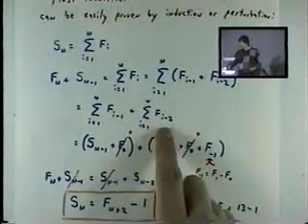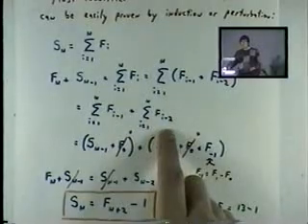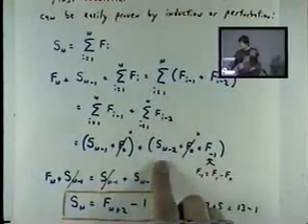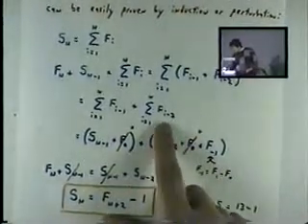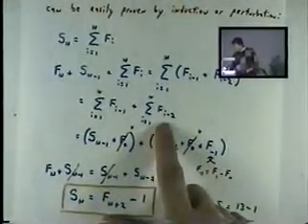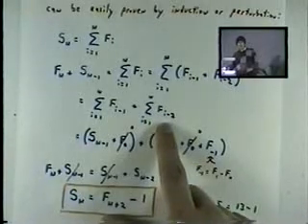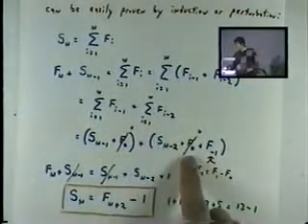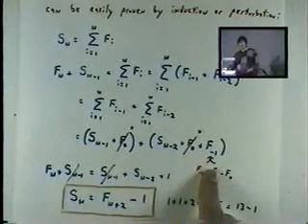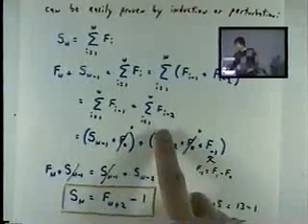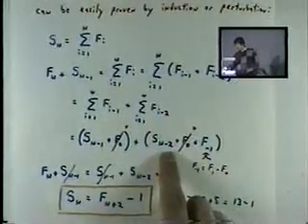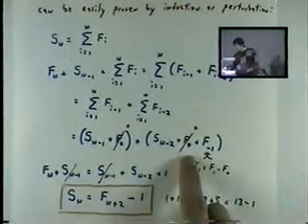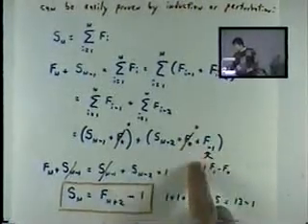That means we're summing up f sub n minus 2, f sub n minus 1, dot dot dot, f sub 0, f sub minus 1. If you look at this, the endpoints include f sub 0 and f sub minus 1. It's clear we can write the sum from 1 to n minus 2 as S sub n minus 2. We can write f sub 0 as 0.